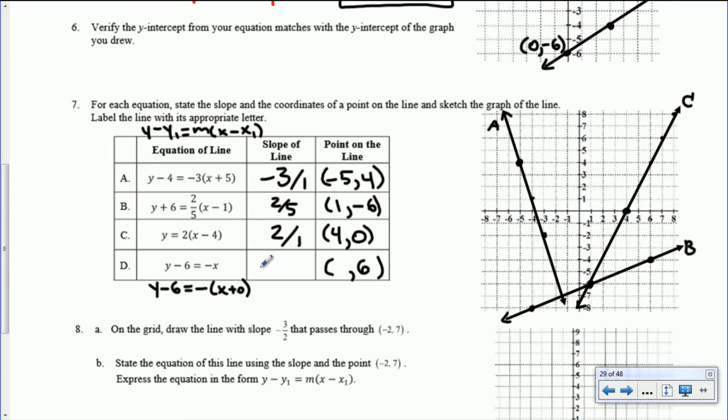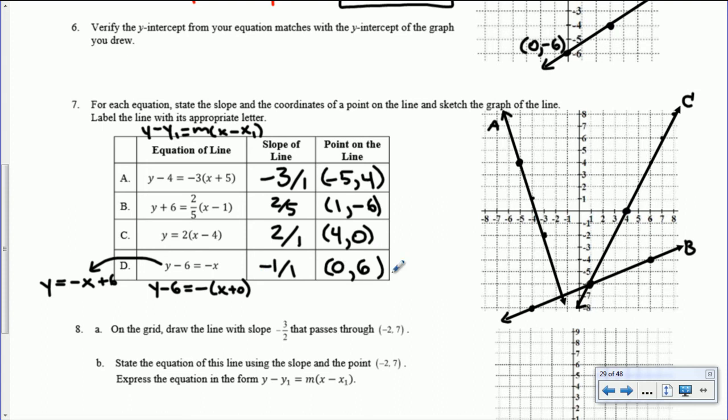So the slope then is -1/1, and the x-coordinate is 0. So (0, 6). Alternatively, we could change this into slope-intercept form. So it would be y equals -x plus 6, if you like.